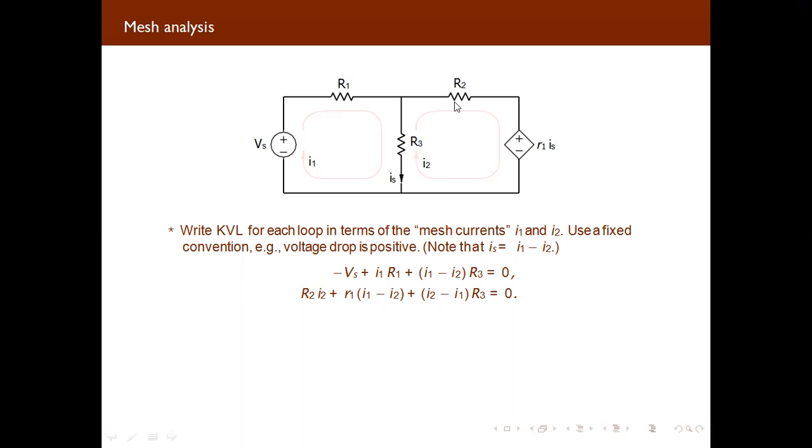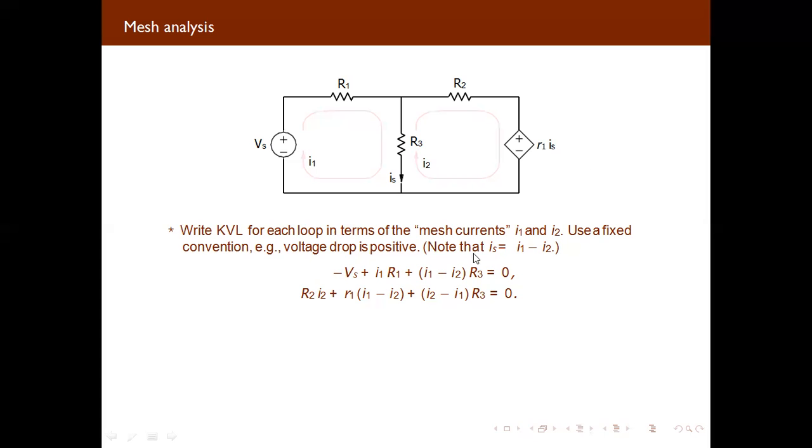We take it as positive because it is a potential drop. Again, if you calculate this, here we have the value R1 IS. So we take R1 and that value as I1 minus I2. Or you can write here R1 into IS, because they have given IS here.